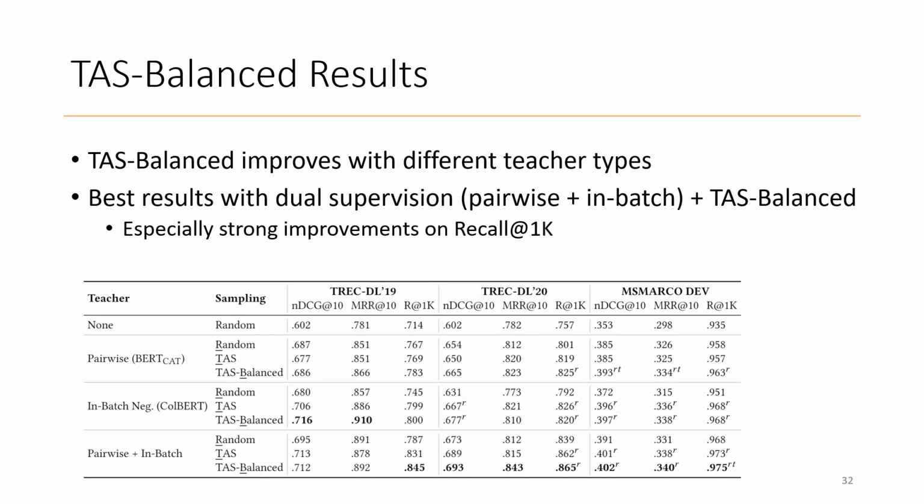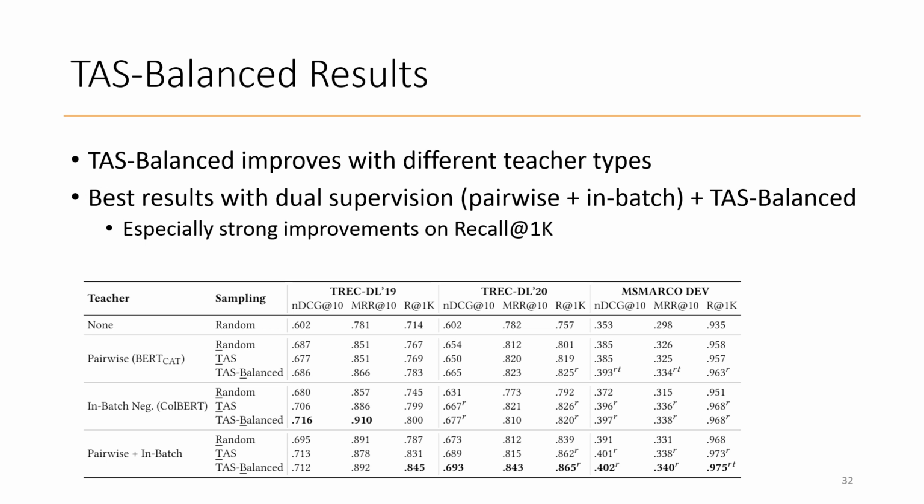And this training technique, TAS-Balanced, improves with different teacher types. So here you can see our main ablation study looking at different sampling strategies and different teacher types. And we show that the best results come with dual supervision and TAS-Balanced.